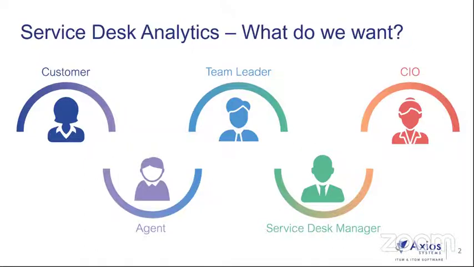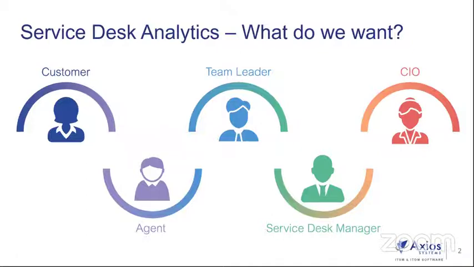Then you have your agent in the lower left-hand corner, who's looking for an easy way to track all the work that's been assigned to him and how easy it is for him or her to handle these requests coming in, assigned either directly to him or her or the team they've been assigned to. And when we talk about teams, there's your team leader in the center.